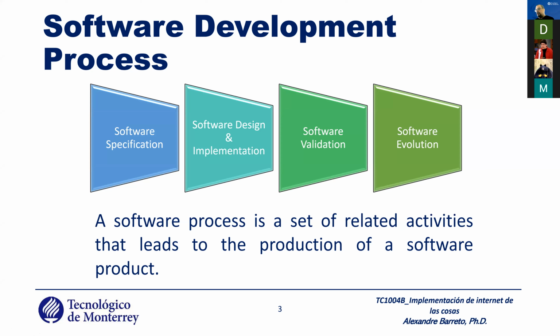In the software specification, you talk with the user, the customer, and try to discover not only what he wants in features, what functionality he wants, but also you want to identify his expectations, the things that he didn't say, however he expects that the software provides.